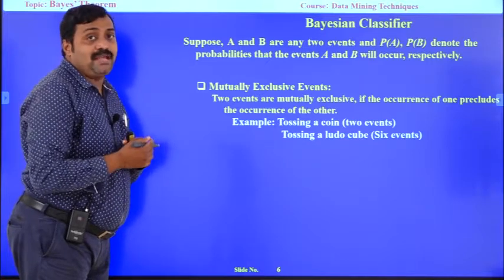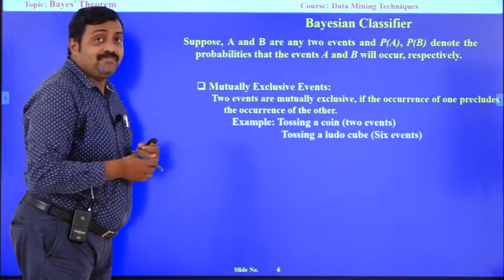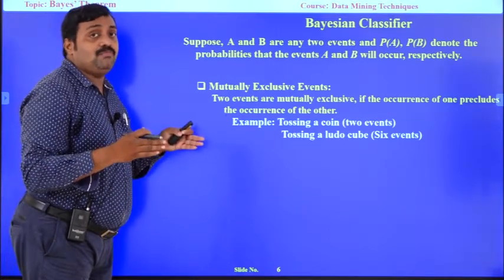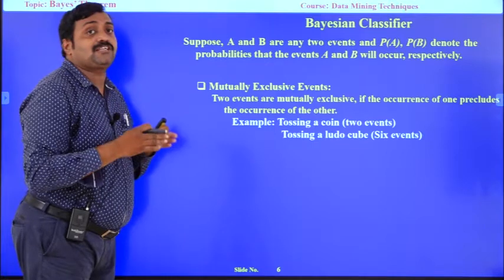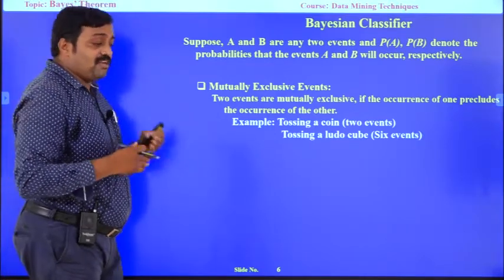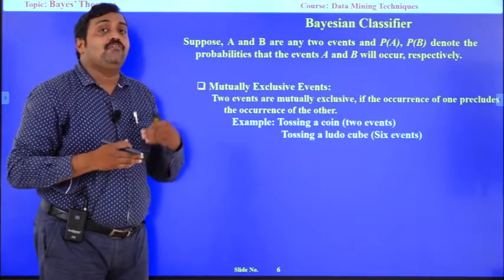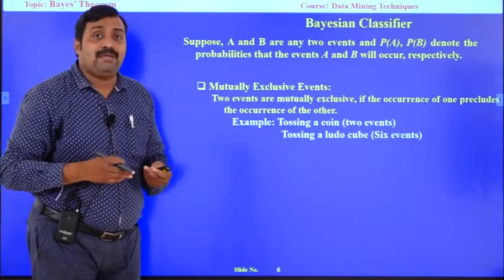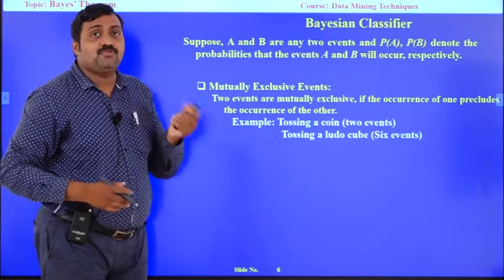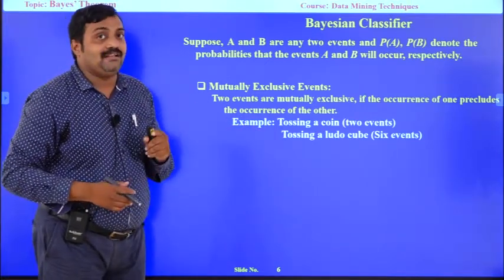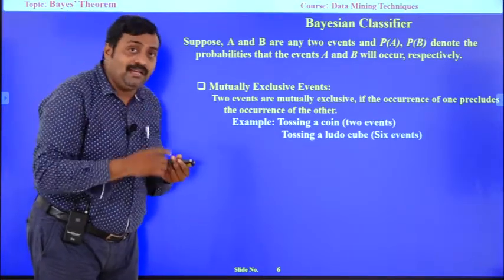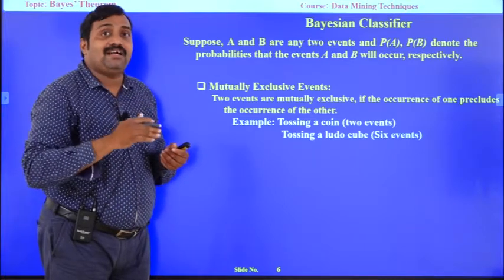Take one example. As I said previously, when performing Bayesian classification, the assumption is that both events are mutually exclusive. What is mutual exclusion? Whenever one event happens, the other won't happen. The best example is tossing a coin. There are two chances, either head or tail. Suppose I get a head while tossing the coin, then tail never occurs.